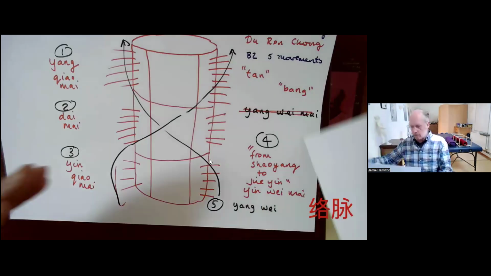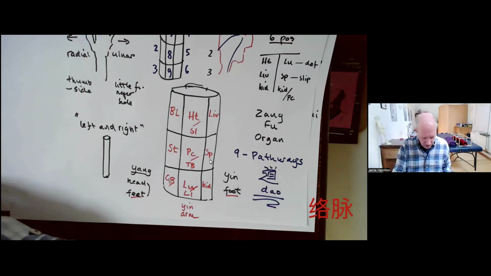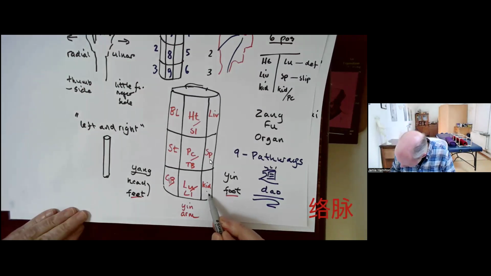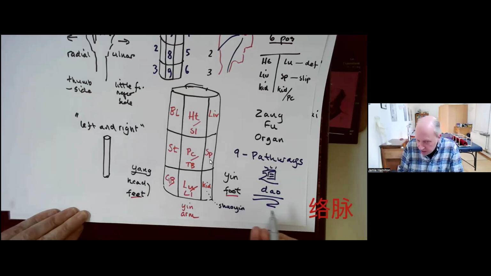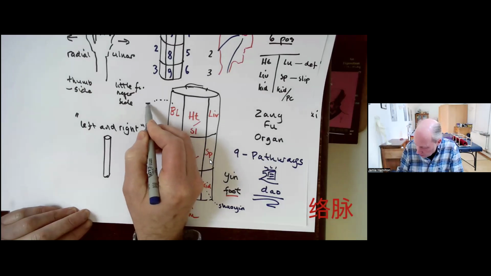I'm just going to superimpose this map for a second. Just to recap, this kidney point here is called foot Shao Yin, and this bladder point up here is called foot Tai Yang.